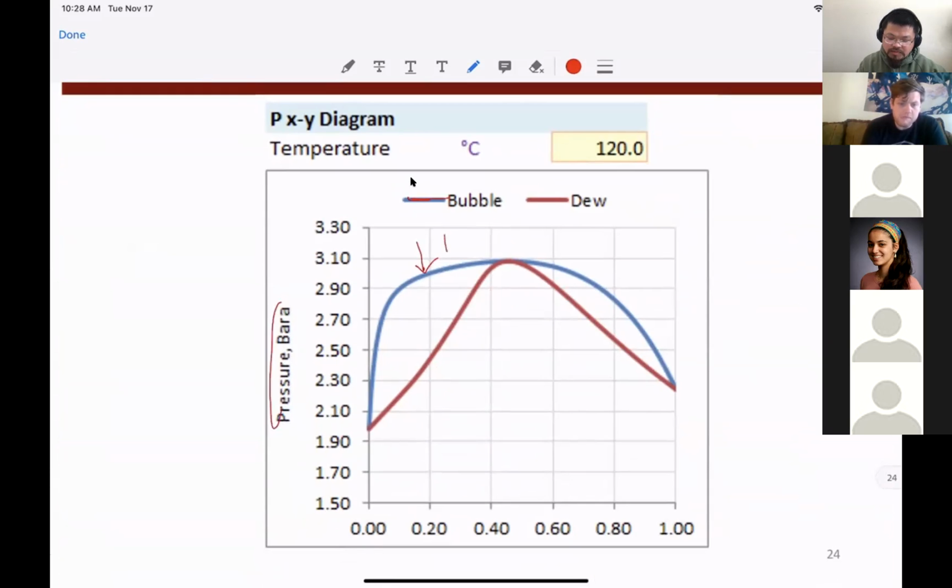This must be coming from knowing the total pressure, and this is the bubble, so this is the vapor. Then this must be coming from knowing the liquid. Then we can calculate the temperature. We can calculate the Y, right? So for the blue line, we go from the vapor, then we are able to figure out the liquid composition.